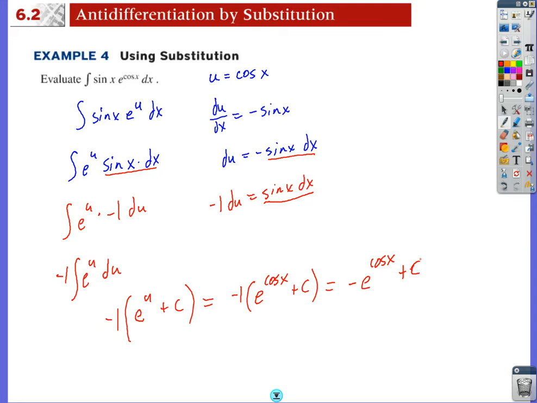And this is where I'm going to come back and say, look, the whole idea of taking an antiderivative is coming up with a family of functions, which this is, and saying, there's my family of functions. Does it really matter what c is? It's a number. Doesn't matter if it's a negative c or a positive c.